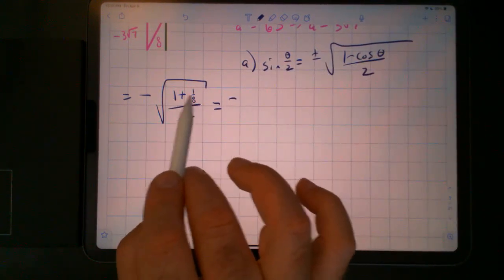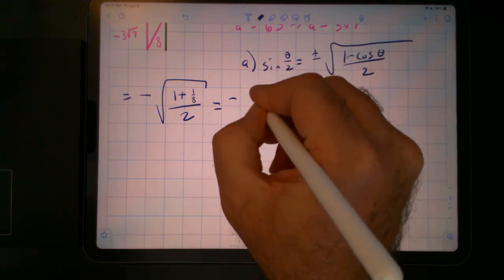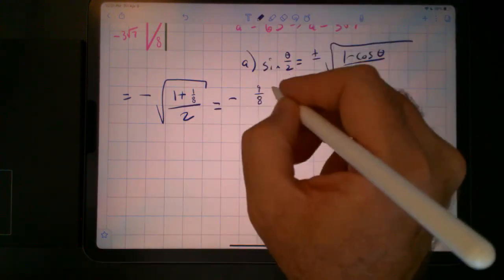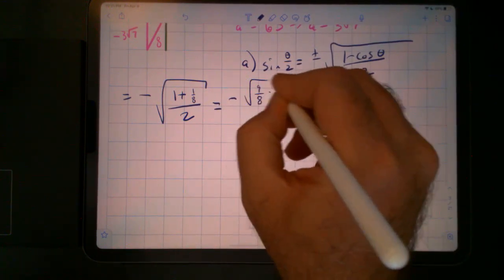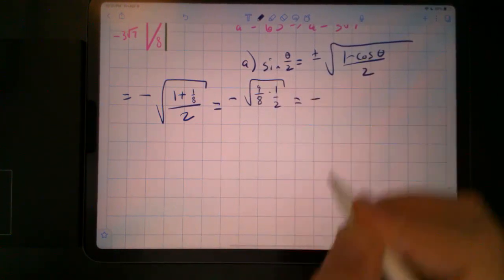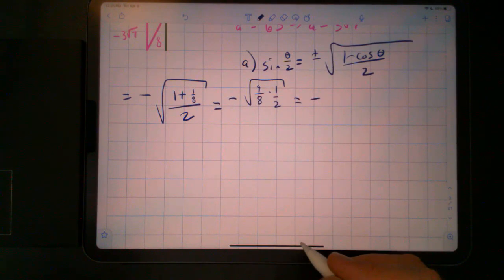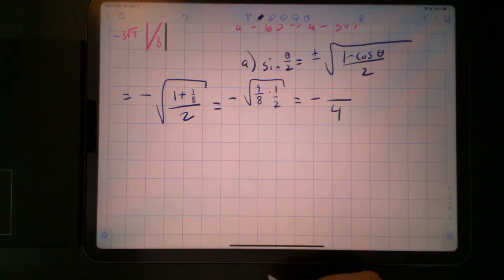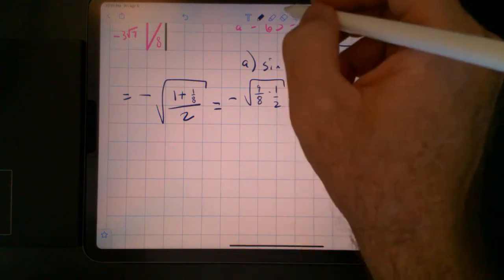So 8 plus 1/8 is 9 over 8. And if I'm dividing by 2, it's the same thing as multiplying by the reciprocal. And so this would give me square root of 16 in the denominator, which is just a 4. And then this would be 3 over 4.